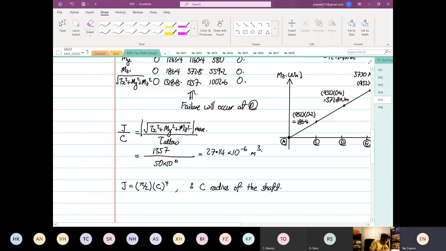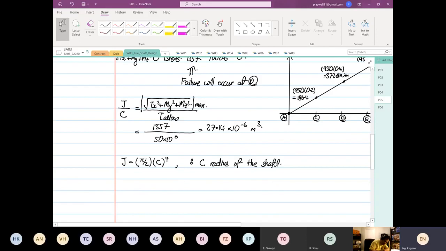So from here, J over C is pi over 2 C to the power 4 divided by C, which equals pi over 2 C cubed, and this is equal to 27.14 times 10 to the power minus 6.